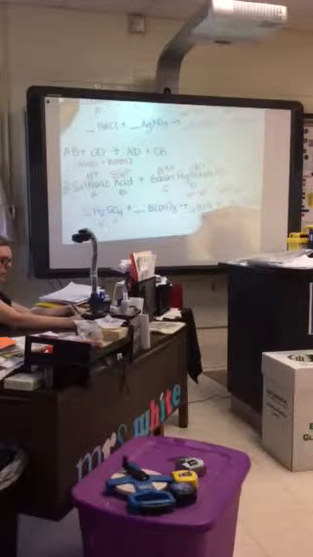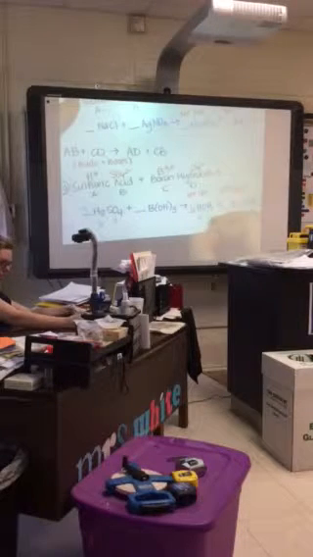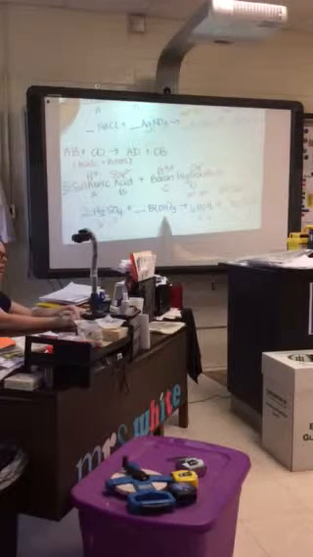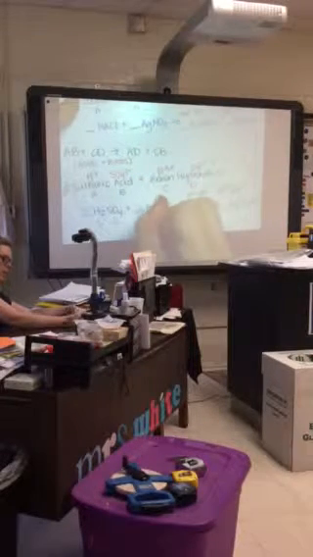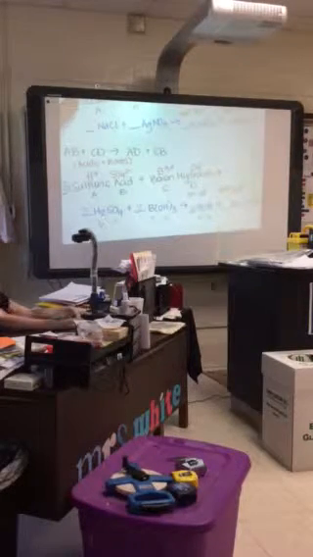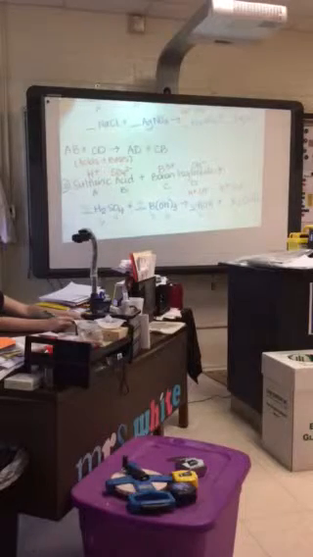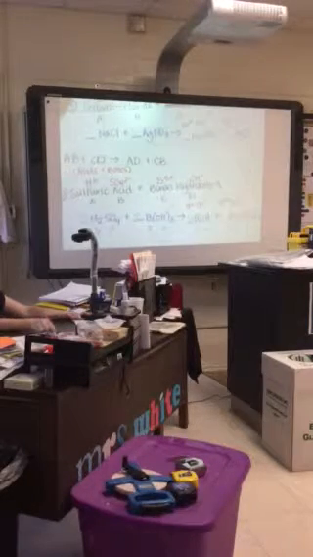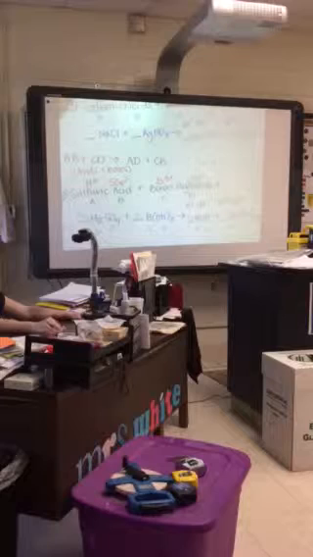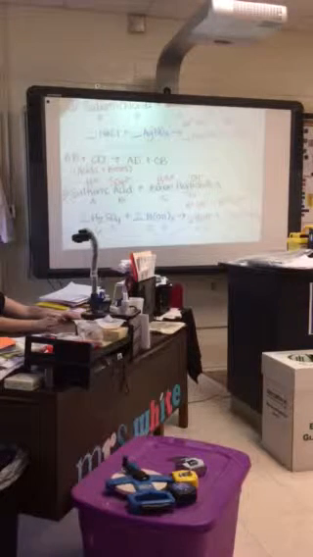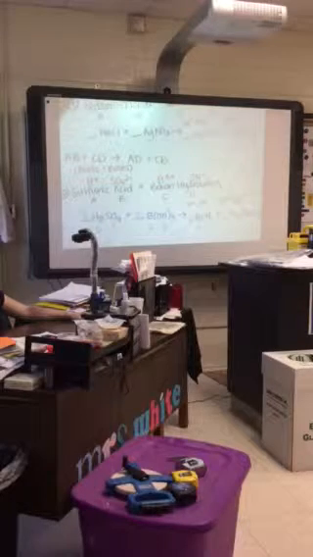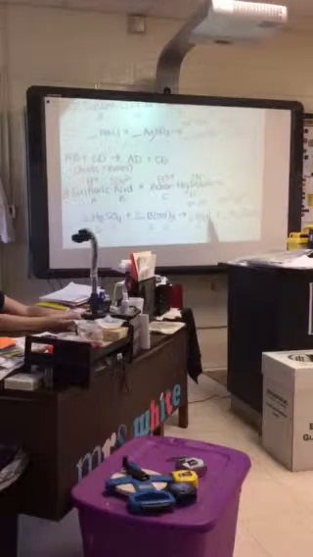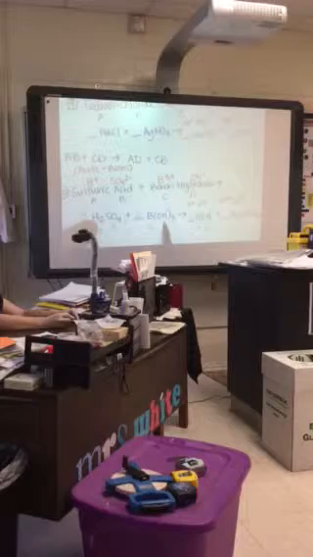Alright, that gives me how many OHs? 6. I got 3 OHs here. So multiply it by 2. That gives me 2 borons. And I got 2 borons over there. If you do this as H2O, you just have to remember to add these 2 H's over here together.